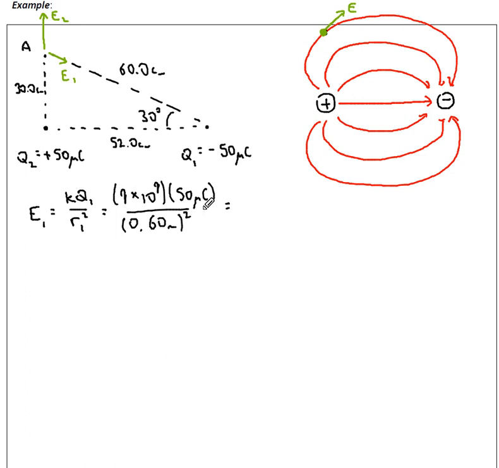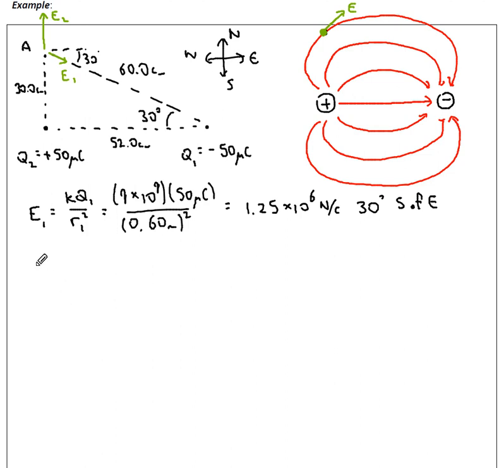So we plug that all in, we end up with the value of 1.25 times 10 to the 6 newtons per coulomb. And the angle that it's acting at, if I were to do a little geometry right there, is 30 degrees south of east. That's assuming we're saying north is up, east is to the right, south and west, like so. So it's acting 30 degrees south of east.